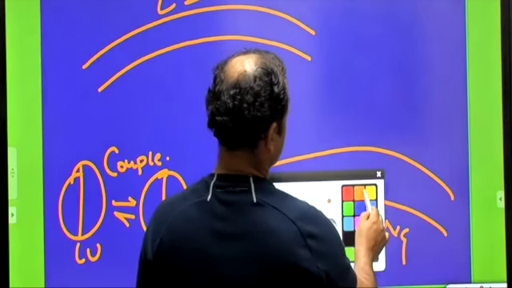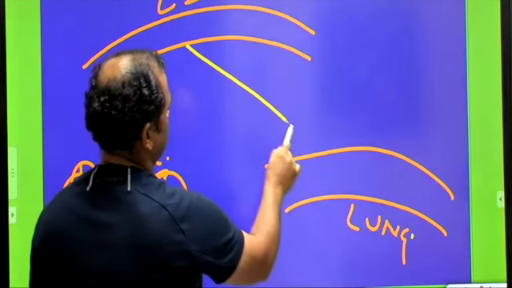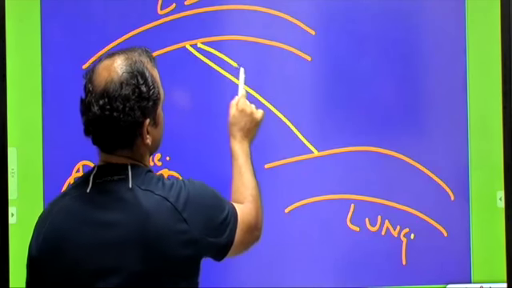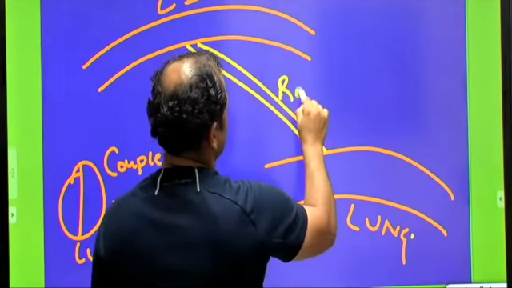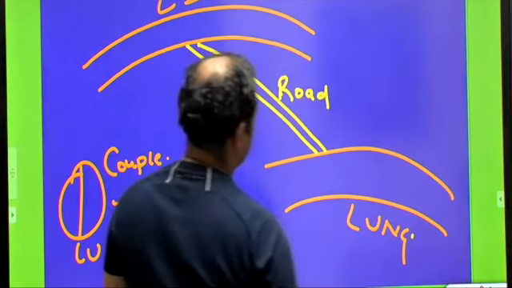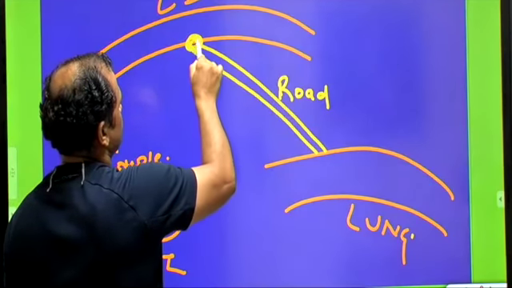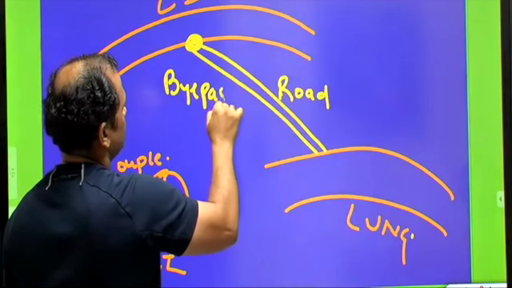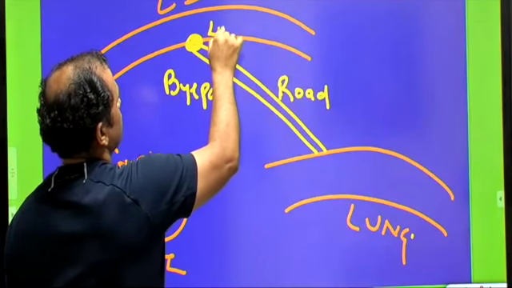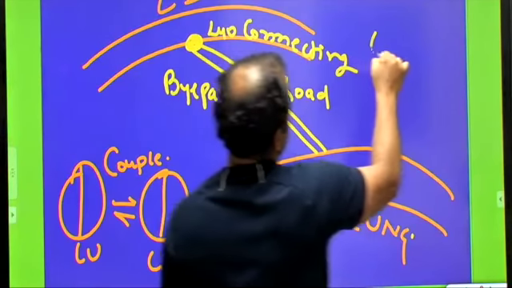This is the bypass road between the two coupled meridians. From the large intestine meridian, this bypass road starts from a point, and this point is called the Luo connecting point. For the large intestine, it is LI6.